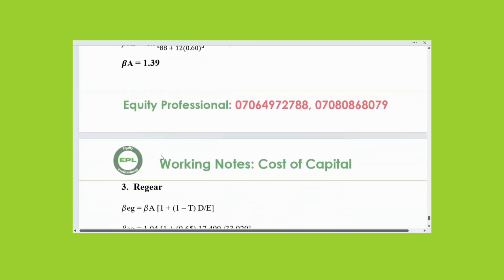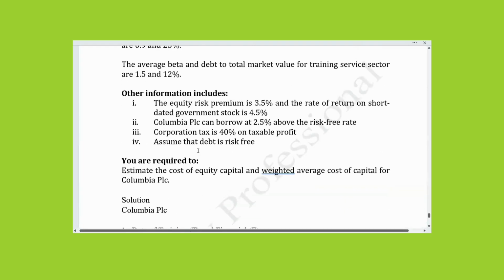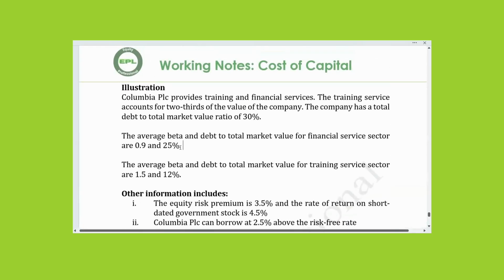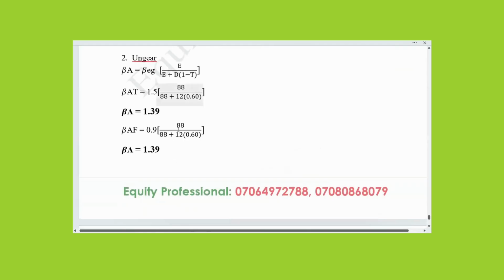Fine, sir. So for financial service, beta asset of financial, that's BAF. The beta of financial service is 0.9. According to the question, the debt equity proportion of financial service is 25%. It means that debt is 25%, equity is 75%.